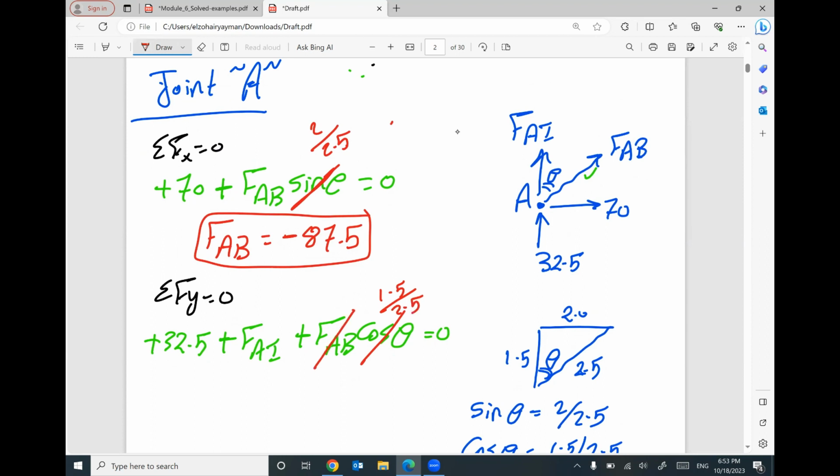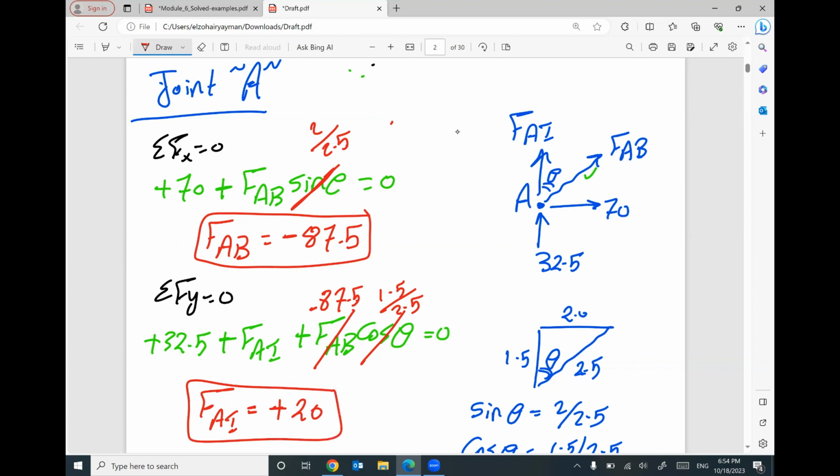The value of FAB is negative 87.5. The only unknown right now is FAI. I can find out this force. It will be positive 20.